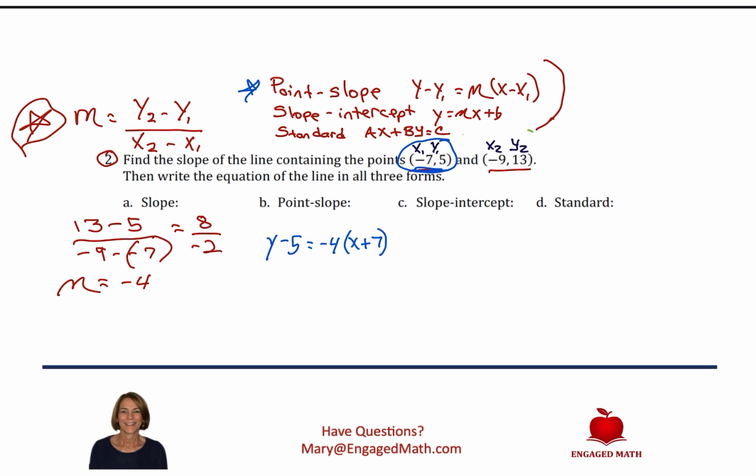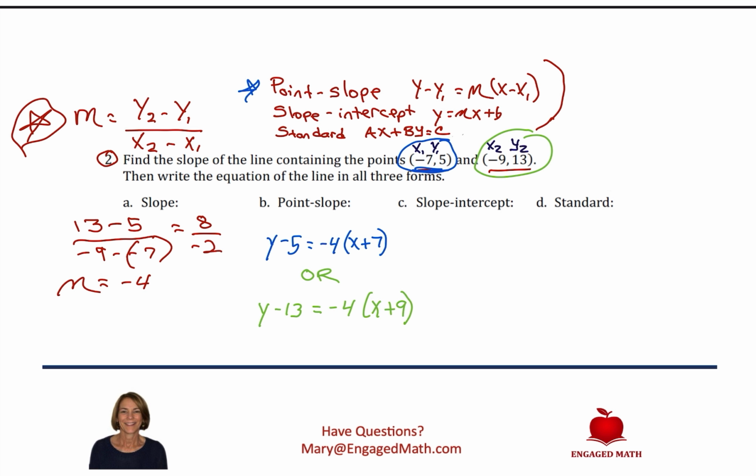I'm going to now use the other point, but I'm going to circle it in green so that you know this is an identical equation. It just looks different. It's representing the same exact line though. So this time we're going to simply get y minus 13 equals, and I'm using the green point just so you see, negative 4 times x plus 9.